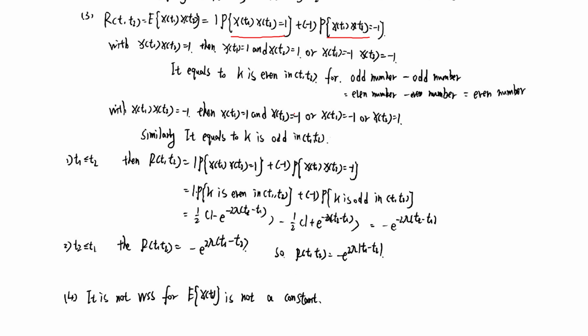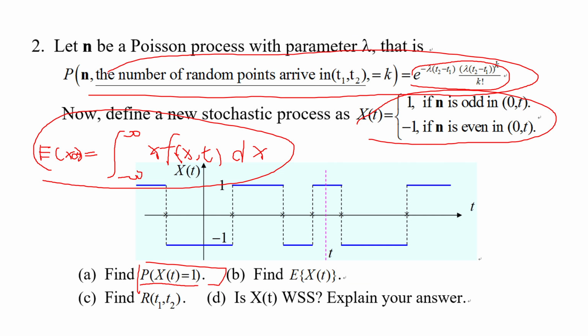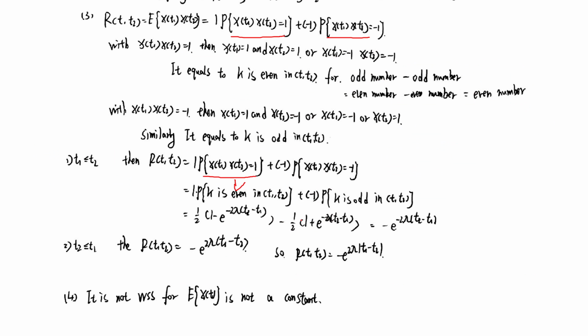The second circumstance is both n1 and n2 are even numbers, and an even number minus an even number equals an even number. So we perfectly transfer the first circumstance into this, and by applying this here, we can easily calculate the value of this probability.